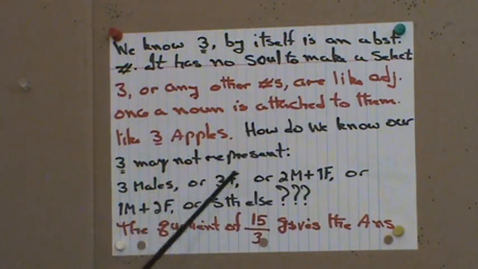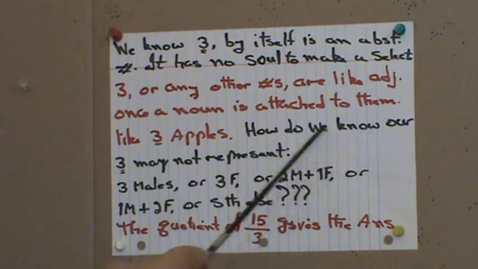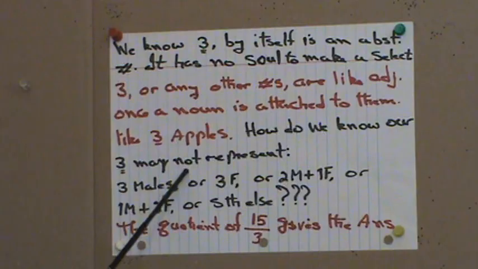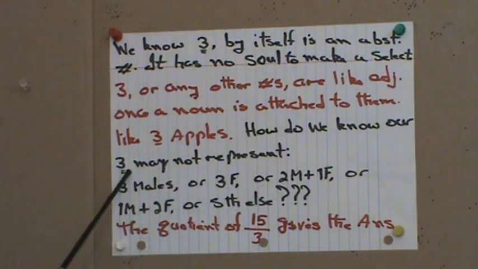Now, the question is this: how do we know our 3 may not represent 3 male? How do we know our number 3 does not represent 3 female? How do we know our 3 does not represent 2 male plus 1 female, which is also 3? How do we know it does not represent anything else, like 3 apples?